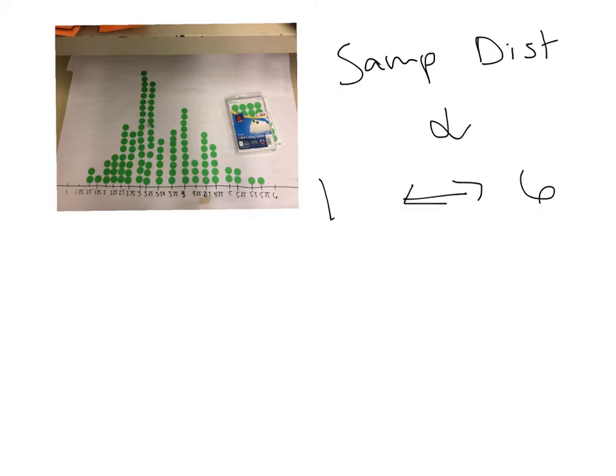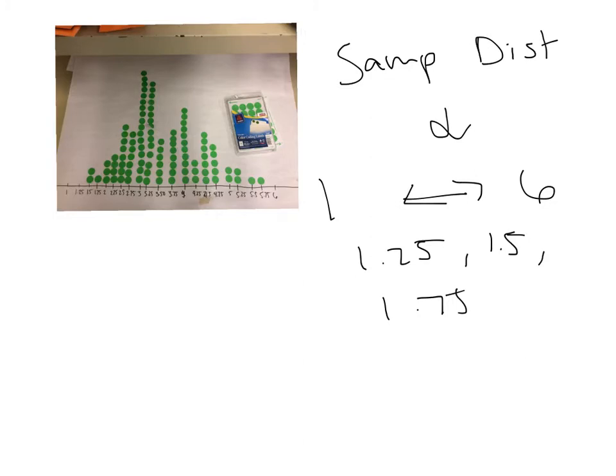In this case, the sampling distribution would be all the averages between 1 and 6, and that includes 1, 1.25, 1.5, 1.75, because those are all the possible averages we could get with our 4 dice.